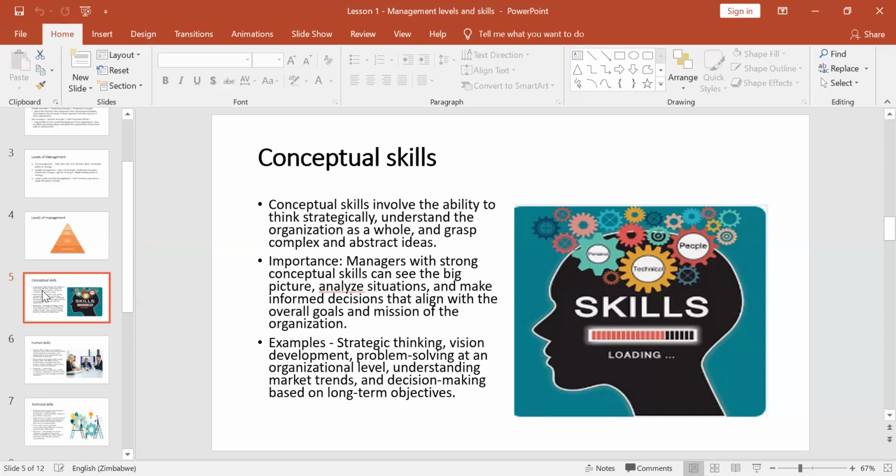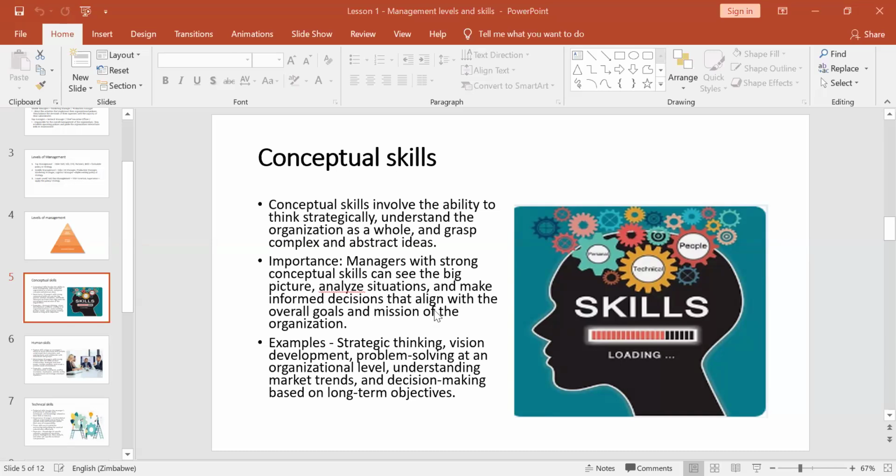What's the importance of the conceptual skills? It's because the managers who have conceptual skills will be able to have a holistic view of the organization. So they are able to see the bigger picture. They are able to know the link between what is happening in one department and how it affects the other department. Things like that.